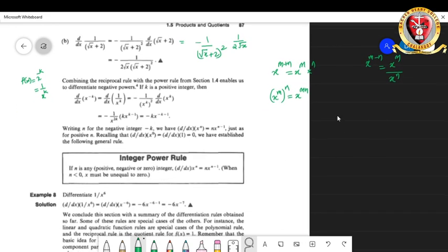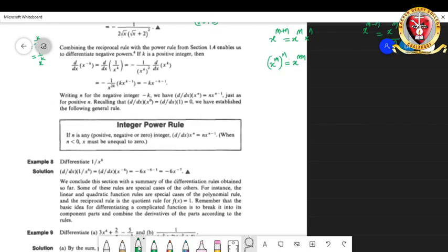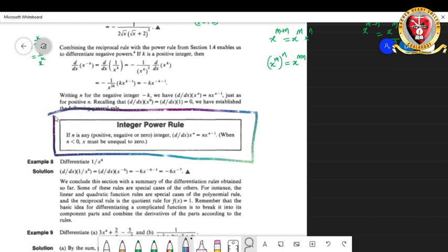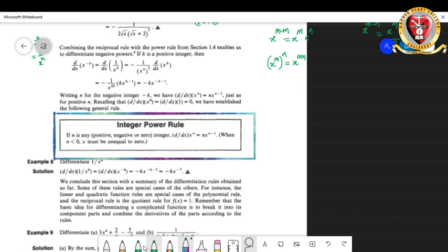Okay, the next is the integer power rule. The integer power rule says that for any positive, negative or zero integer, d by dx of x raised to n is equal to n x raised to n minus 1.